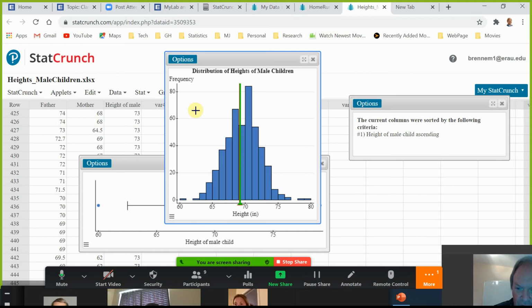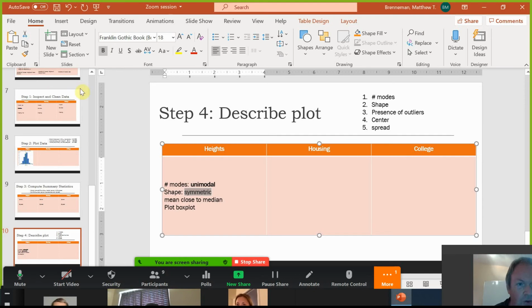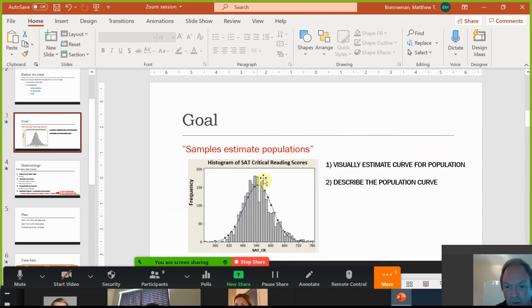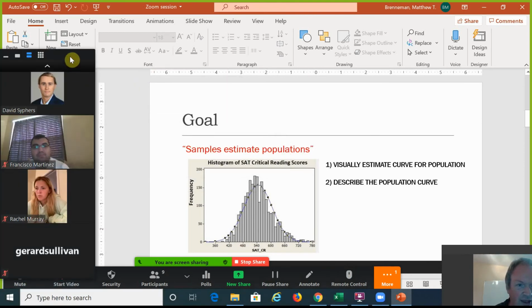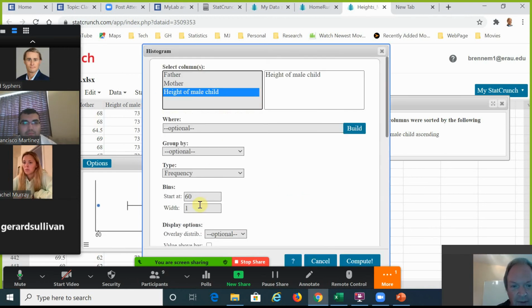What am I trying to do? I'm trying to fit this histogram to a nice smooth curve. Let me go back to the PowerPoint for a minute. Here it is right here. The goal is I want to fit this choppy thing to a nice smooth curve. So if I make it a little bit bigger, I'm thinking, okay, this is choppy because the bins are still a little too small, and now I make it 2, it's going to look pretty decent.